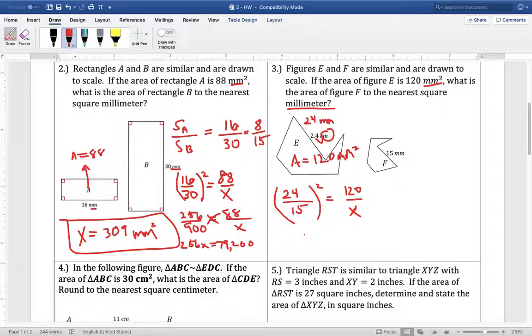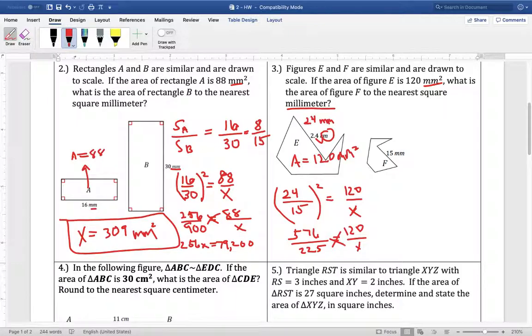So 24 times 24 is 576. And 15 times 15 is 225. And that's equal to 120 over x. Again, cross multiply here.